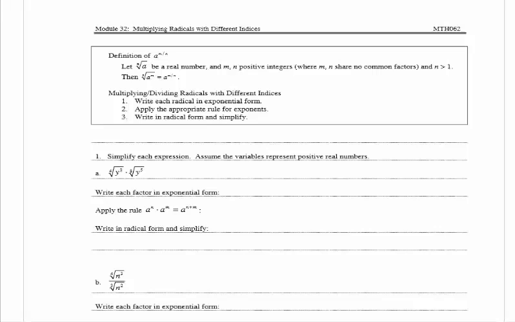And in A we have the fourth root of y cubed times the eighth root of y to the fifth, and it wants us to write each factor in exponential form. So the fourth root of y cubed can be written as y to the 3/4, times, we have the eighth root of y to the fifth can be written as y to the 5/8.